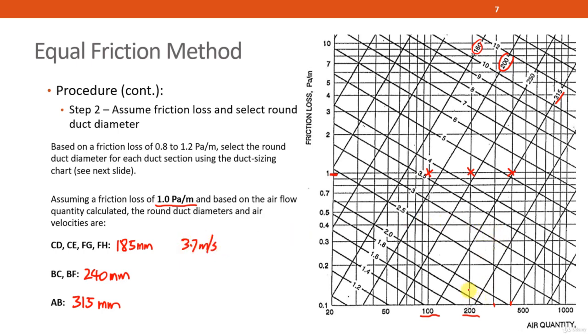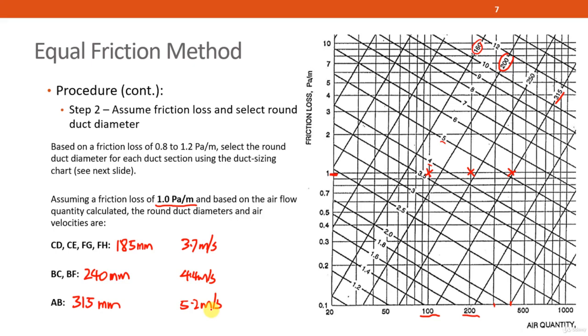For 200 liters per second, the middle section, it is between 4 and 5, so over here is roughly around 4.4 meters per second. And lastly, the biggest air duct, which is duct AB, is slightly above 5 meters per second, so maybe around 5.2 meters per second.